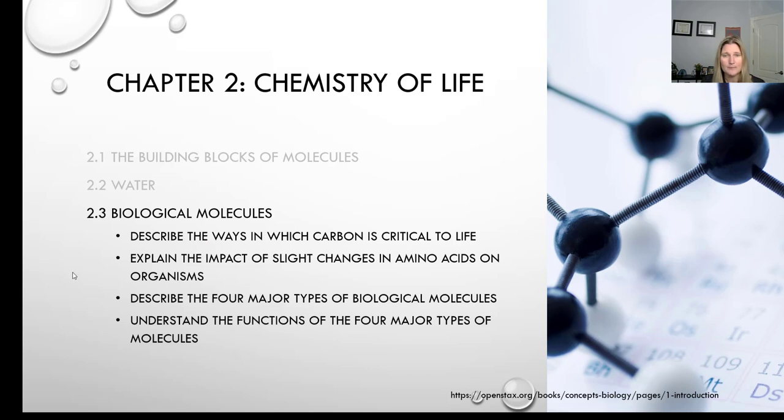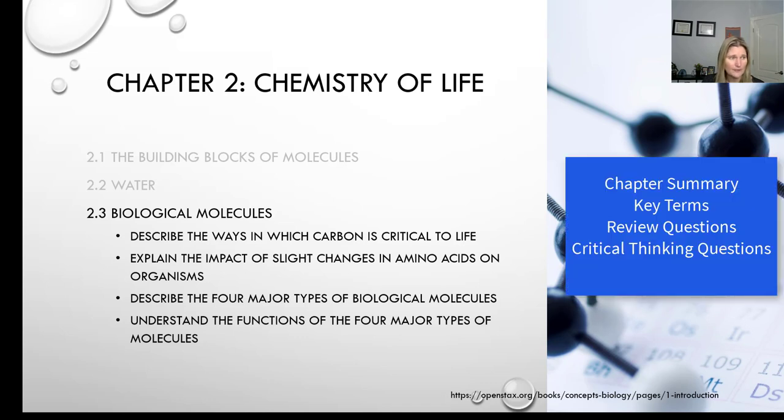So now you should have a good understanding of the chemistry of life. In the OpenStax textbook, under chapter 2, there are additional components to the chapter, such as a chapter summary that gives you a summary of all 3 of these sections, as well as key terms lists. So you can make flashcards if the terminology is a little confusing for you to remember.